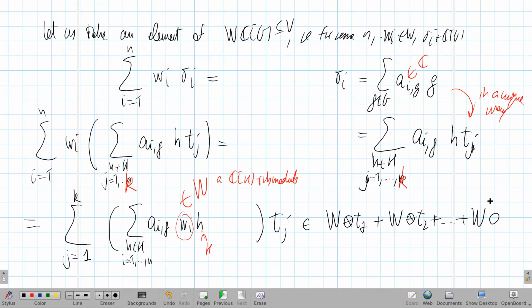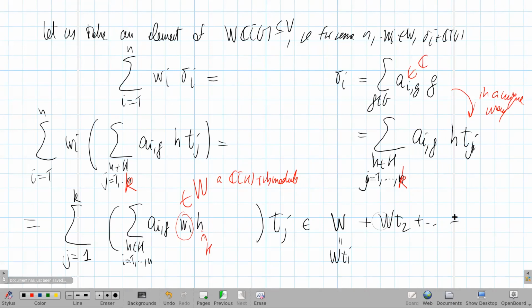Not to call it tensor product, simply product. Sorry, tensor product will come later. This is WT1, and so on, because it's a sum of elements inside here.